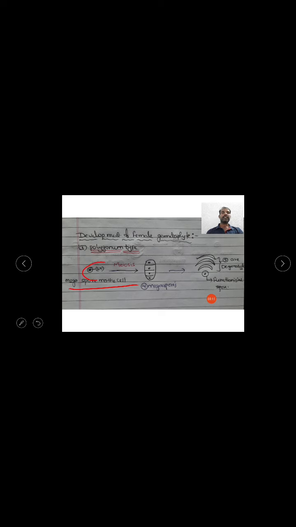The diploid cell participates in meiosis division, producing four cells, that is, four megaspores or tetrad megaspores. These four megaspores are haploid. Of the four megaspores, three degenerate and only one is functional. This functional megaspore participates in further development of the Polygonum type.